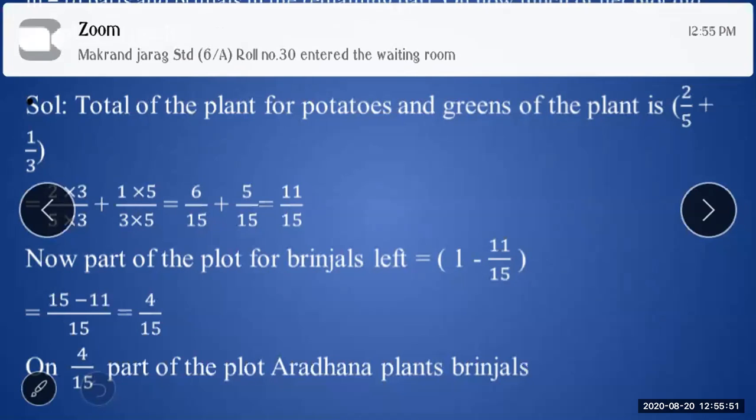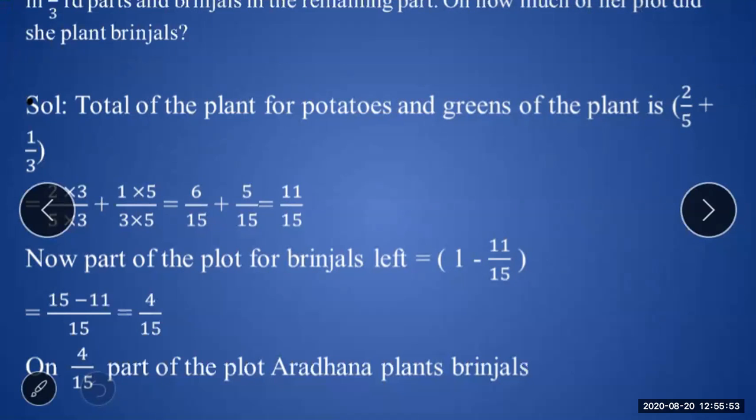Now here the denominator is not common. So first step is what? The denominator should be common. So what we did?